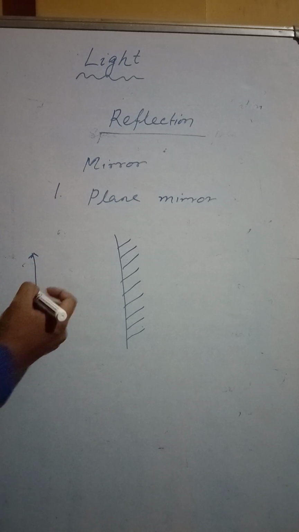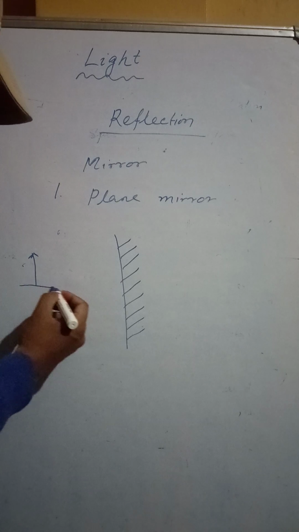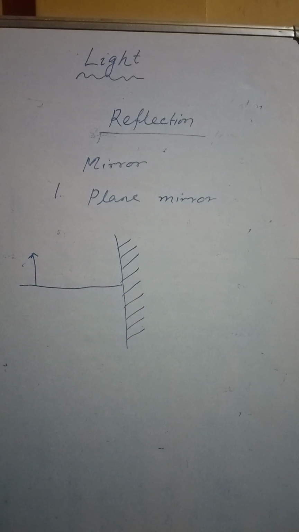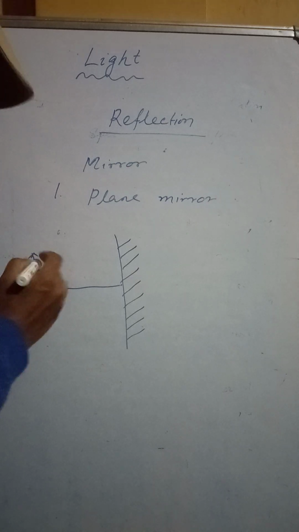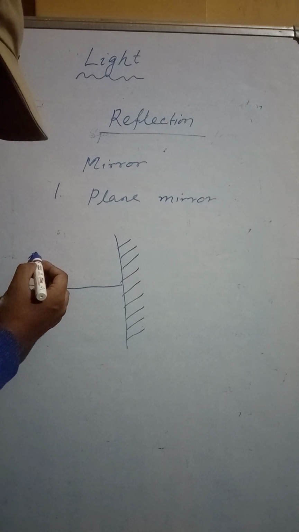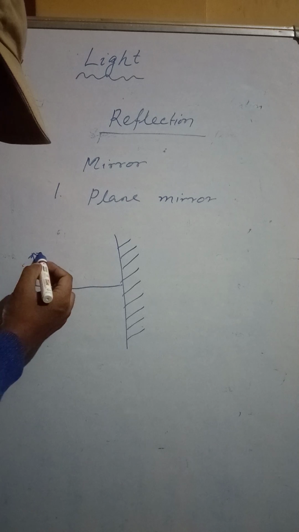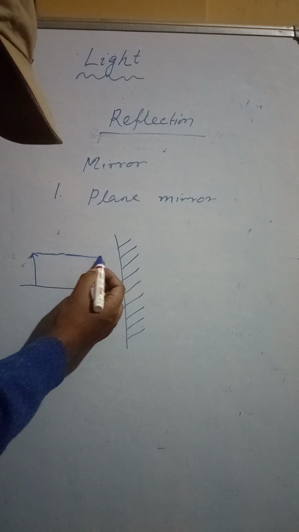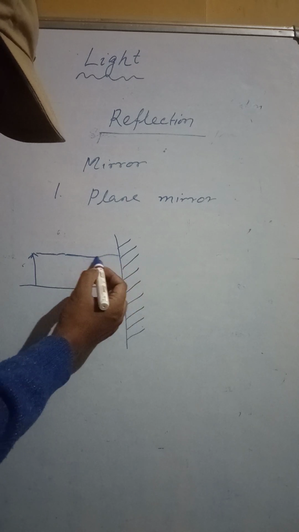This is an object. Initially a ray will come from the top of this object in this direction, straight.